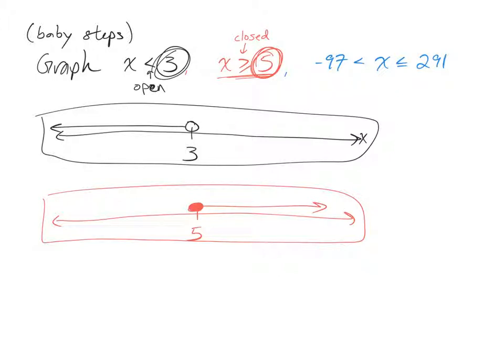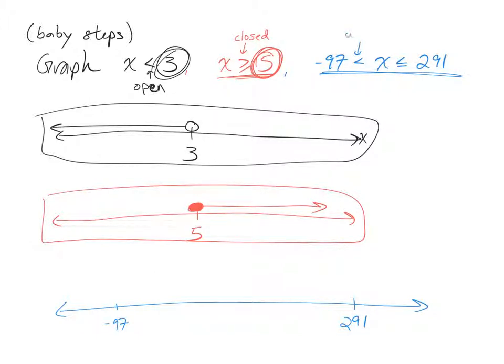And lastly, this one is fun. This blue example here. This one has 2 numbers. So I have a negative 97. So I'm going to put both numbers on this number line here, and I've got 291. So since we have 2 numbers, we will also need 2 dots. This dot will be open, and it will belong with the negative 97.